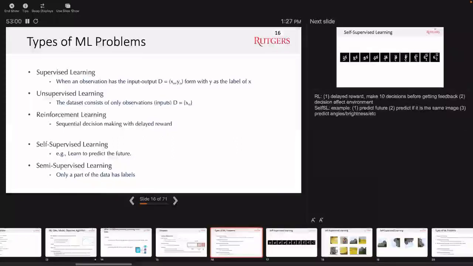But in self-supervised learning, humans will develop some trick and tell the computer to create the labels. And then we're going to use the computer-generated labels to train our model.